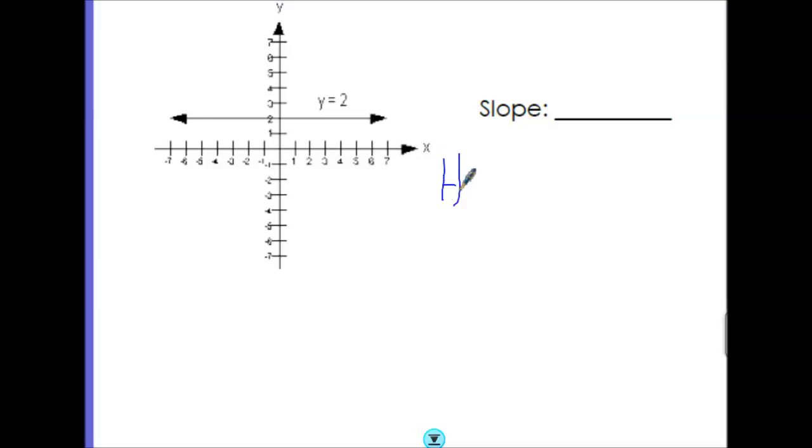If you see a horizontal line, then it's a HOY case. A HOY case happens when you have a horizontal line, and the slope of a horizontal line is 0.